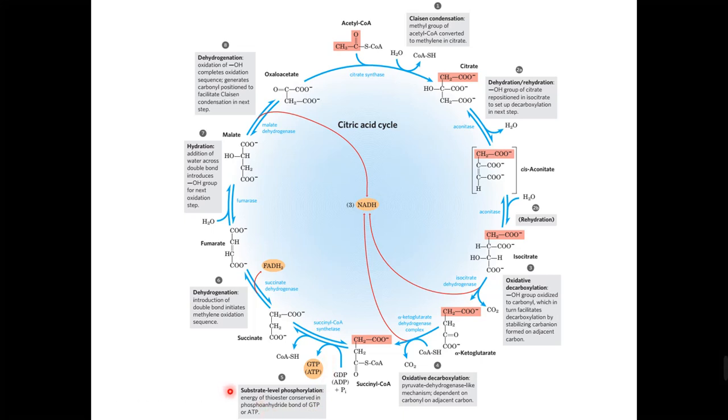This is called substrate level phosphorylation. The breakdown of the thioester bond liberates energy, and that amount of energy is utilized for the fusion of the phosphate with GDP, and the GDP is converted into GTP. So this Pi is nothing but inorganic phosphate.